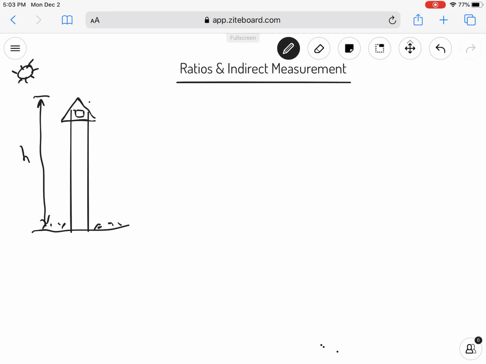And the shadow out here is 27.6 feet long. Can measure the shadow, obviously. Okay. I also know that there's a person here who is 6 feet tall.